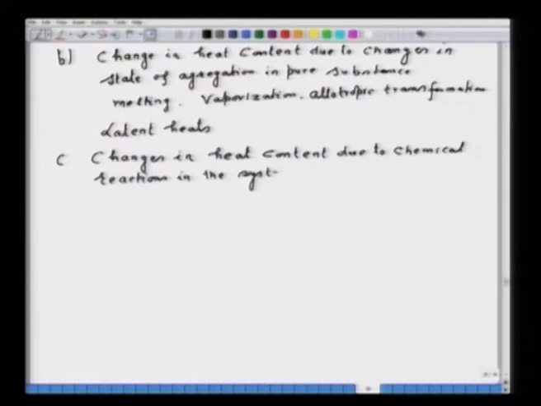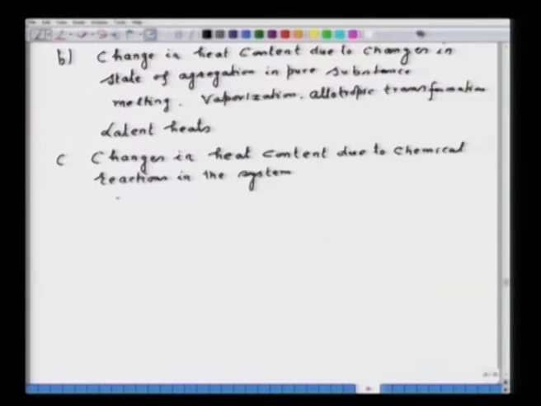Because if a chemical reaction occurs, then heat may be evolved or heat may be absorbed, and that you have to calculate. Now, in order to calculate the heat content due to chemical reaction, one has to proceed with the data on the heat of formation of compounds. Now, this heat of formation of compound are also listed in any standard book of thermodynamics. So, that is also to be noted while finding out the heat of formation of the compound.